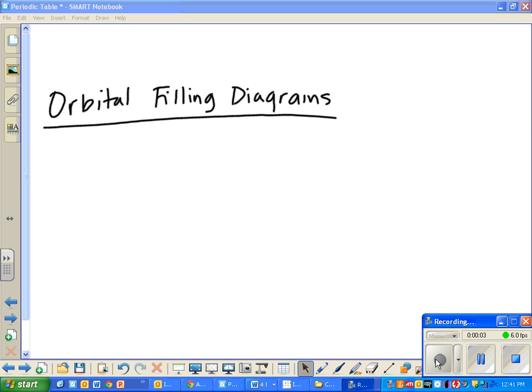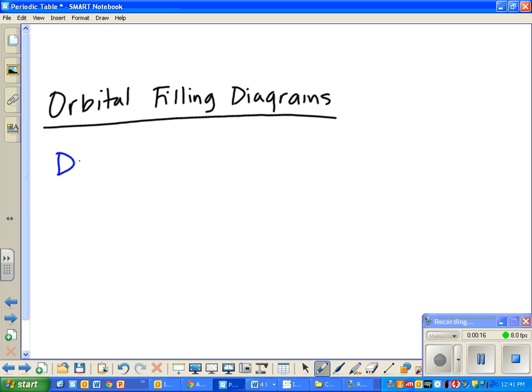This lesson is on orbital filling diagrams and electron dot diagrams, which are also known as Lewis structures and dot notation. Orbital filling diagrams are when you draw the electrons in their orbitals.